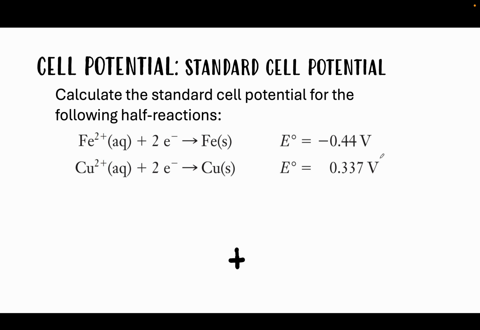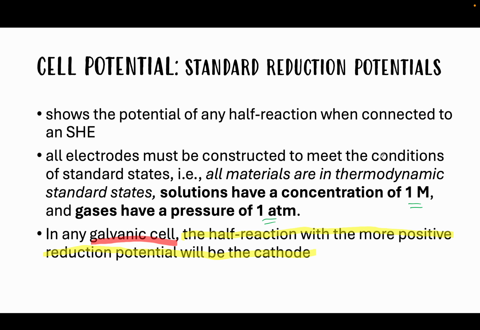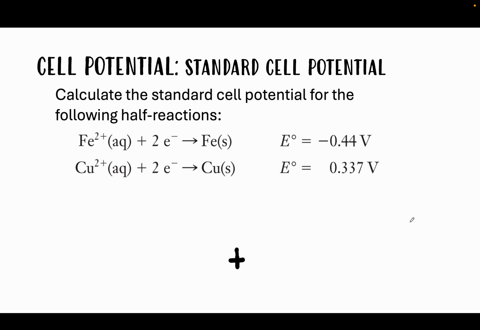So what was our rule earlier, or what was the concept? The half reaction with a more positive reduction potential will be the cathode. So if we look at these two, the one with the more positive value is the half reaction for copper.